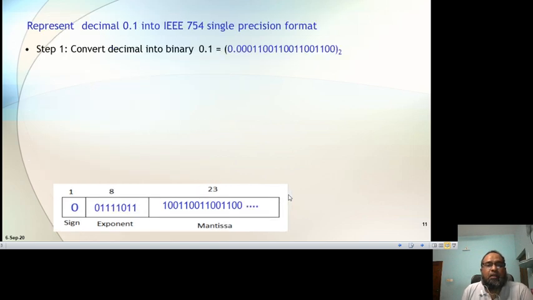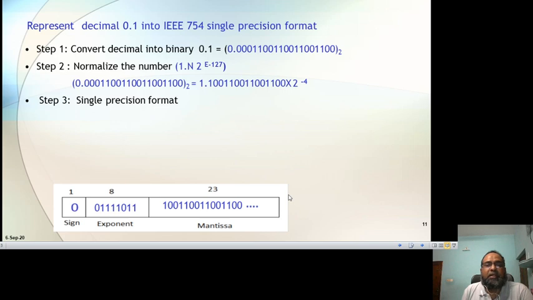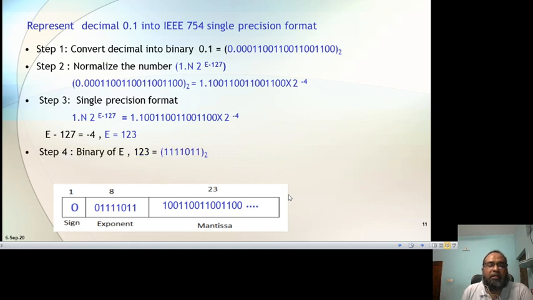Then another example: a very small number, 0.1. You convert it in the same way. You get a number with 2 raised to minus 4 as the exponent, so you find the value of E, which becomes 123. Find the binary of E and fill the exponent field. The remaining part after the decimal point is written in the mantissa, and the sign is 0 since it is a positive number.